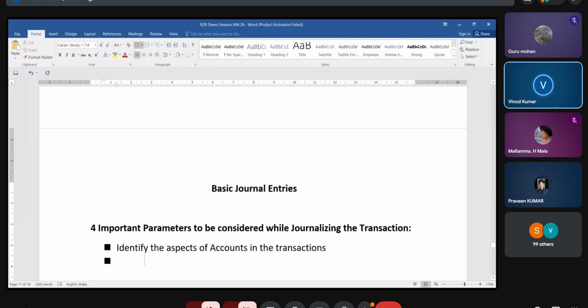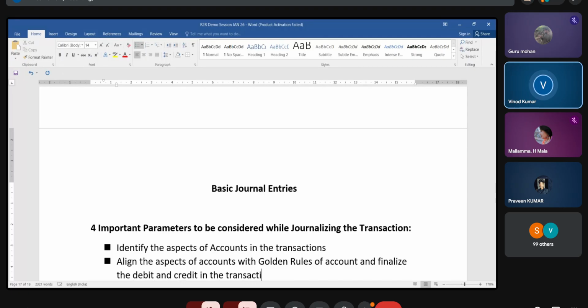One is identifying the aspects of accounts in the transaction. The second is, once the aspects have been identified, align the aspects of accounts with the golden rules of accounting, and finalize the debit and credit in the transaction.